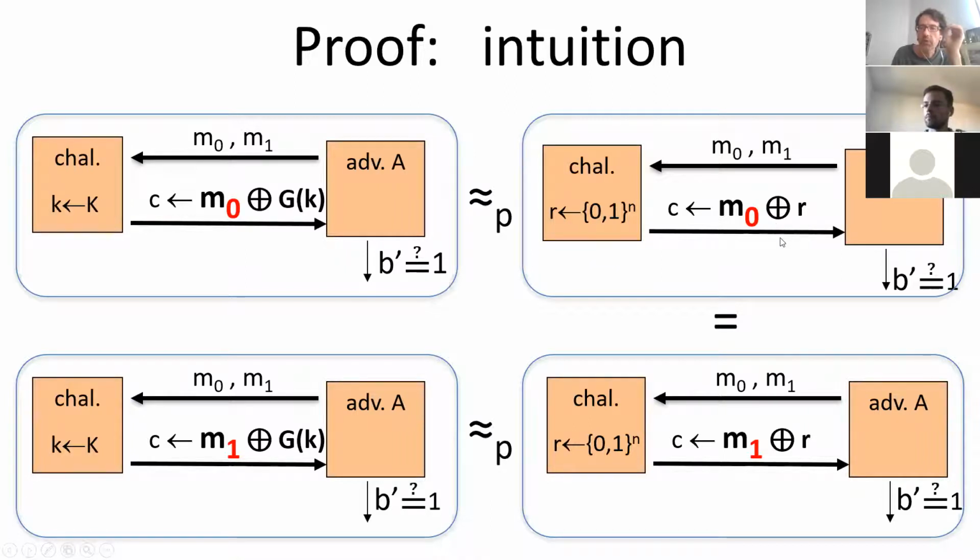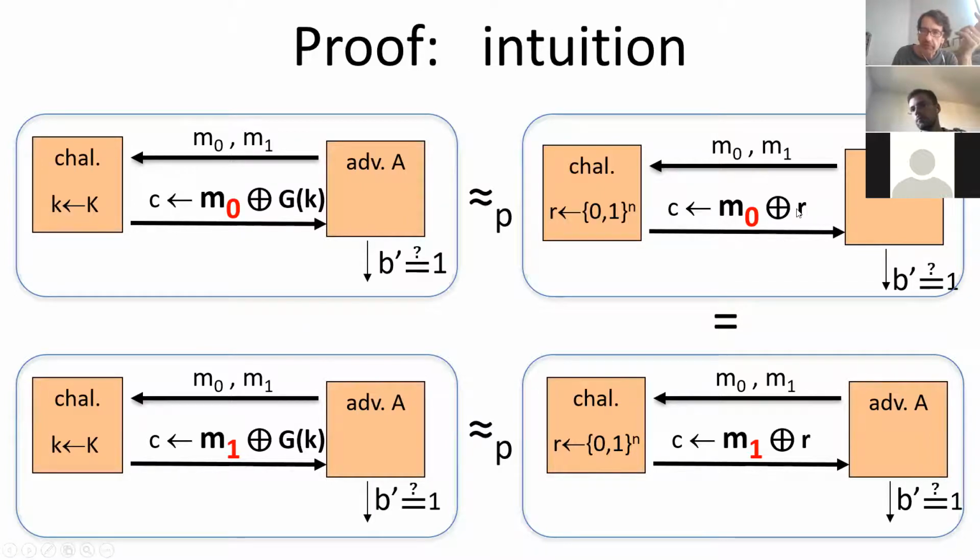The reduction doesn't know, but what it does with the string is XOR M0 in front of it and feed it to A. That reduction will replicate this view if the string came from the G(K) distribution, and it would replicate this view if the string came from a truly uniform distribution. And that reduction shows that this intuition was correct. Indeed, the only way to distinguish these two implies distinguishing this part.